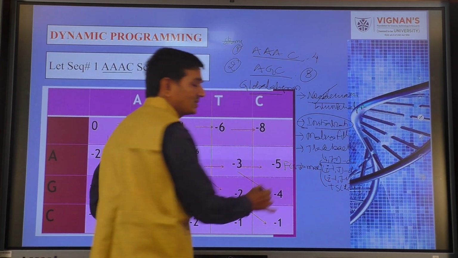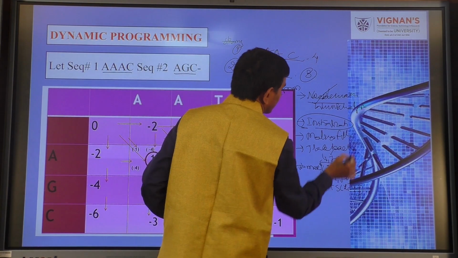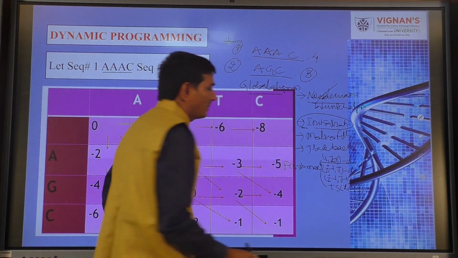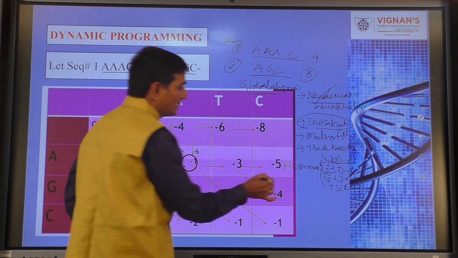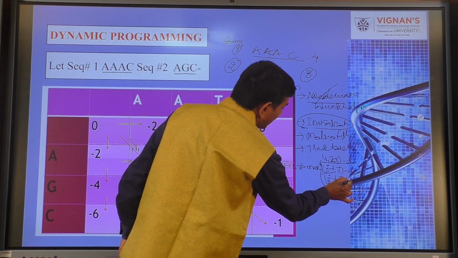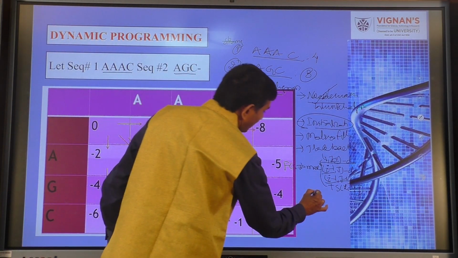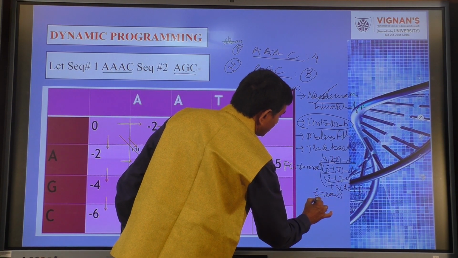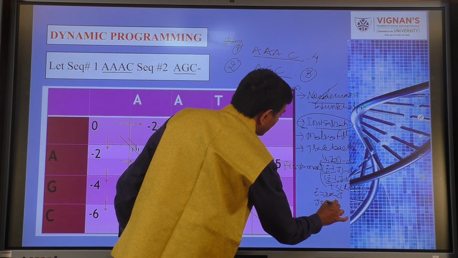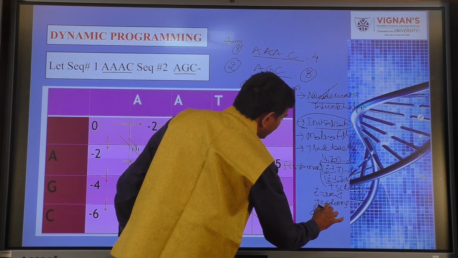The first condition is change in column, that is j minus 1, the second condition is change in row, that is i minus 1, and the third condition is change in both row and column, denoted by i minus 1, j minus 1, where i denotes rows, j denotes columns, and d is the gap penalty.